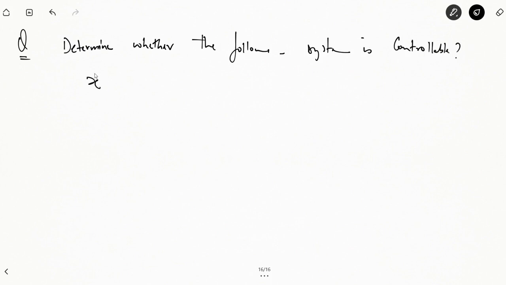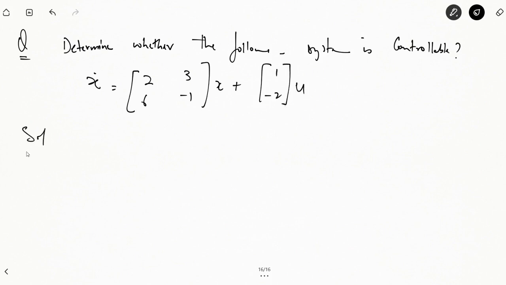Your system is given to you: x dot is equal to [2, 6; 3, minus 1] x plus [1; minus 2] u. You have to determine whether this system is controllable or not. For that, you will find out the controllability matrix given by B, AB. B is known to us, B is this matrix [1; minus 2].